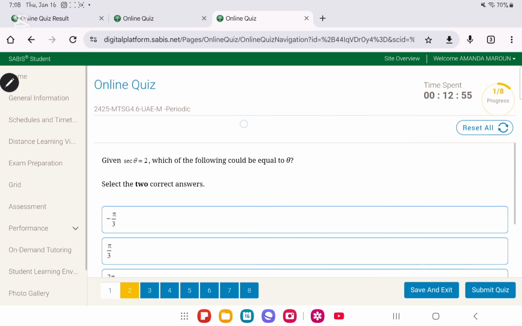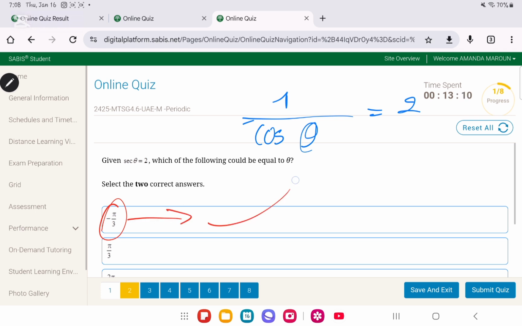Or, in a really simple way, you can just take this rule over here. So I'm just going to clear the screen. You are going to get 1 over cosine theta is equal to 2. Alright, and what we are going to do is take each one of the given options and substitute it here. So, for example, if we are taking this one, we know to substitute the pi always by 180. So in this case, it's going to be minus 180 divided by 3 instead of the cosine.